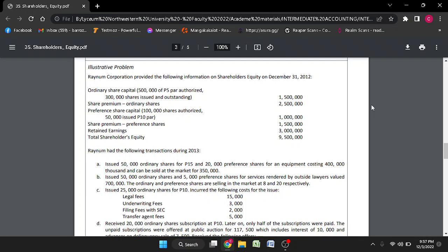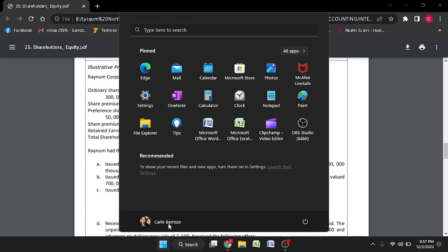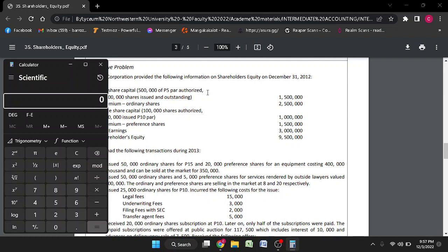The share premium for the ordinary shares amounted to 2.5 million pesos. So we could assume that the 2.5 million came from the total shares issued, and should be divided by the 300,000 shares to know how much share premium is allocated per share outstanding.